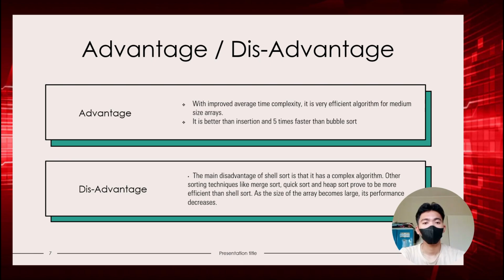Ang main disadvantage ng shell sort is that ito ay napakakomplikadong gamitin other than sa ibang sorting techniques like merge sort, quick sort, at heap sort na mas madaling gamitin kesa sa shell sort. At sa shell sort, habang lumalaki ang size ng array, mas bumababa ang performance ng shell sort.